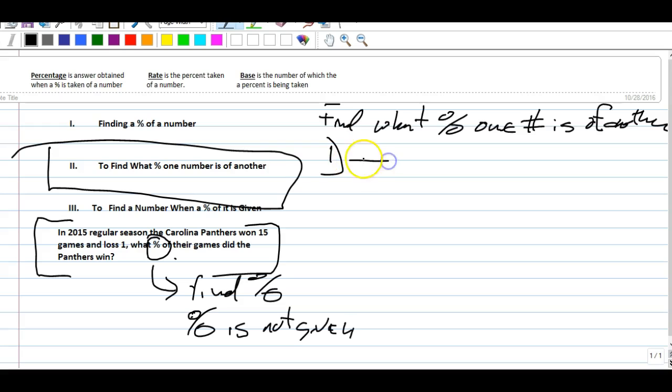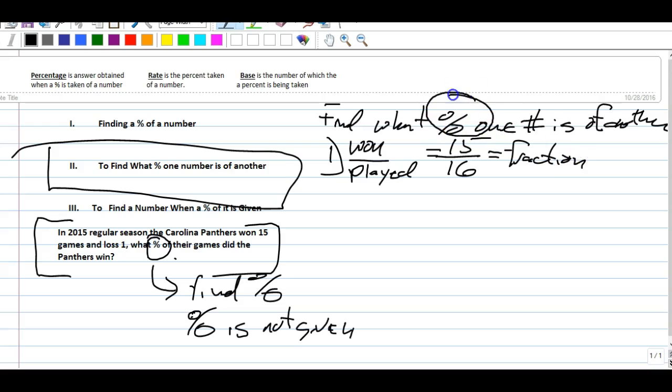We want to find, as a fraction, the games won to the games played. They won 15 and they lost 1, so they played 16. So I've expressed this as a fraction. But what I'm looking for is a percent. So this is just like changing a fraction to a percent.